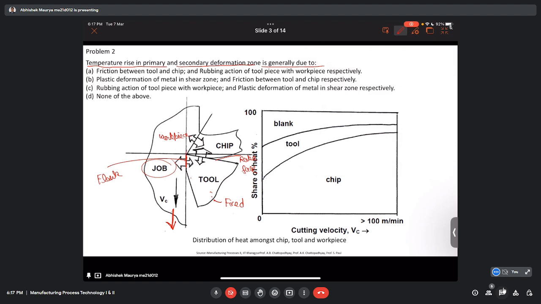This is nothing but the shear plane, and the zone surrounding the shear plane is the primary deformation zone.